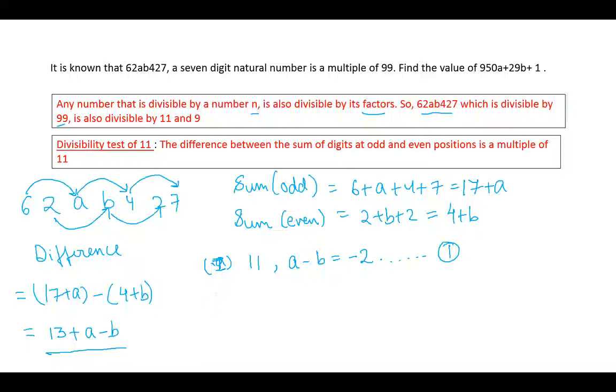Let's see the other option, which can be this value being 22, right? That will happen when A minus B is equal to 9. Now this is also possible under a set of conditions where A is 9 and B is 0.